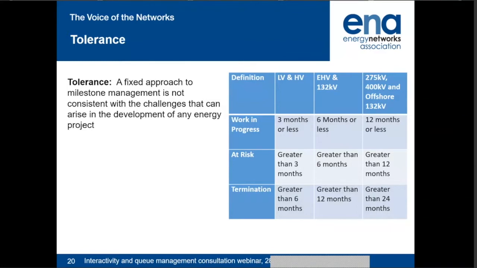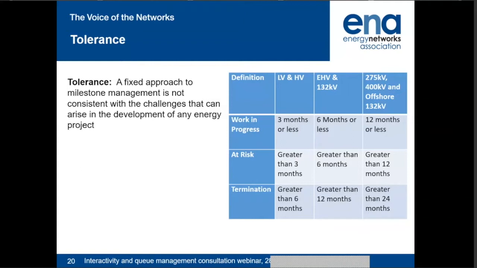And that means it's at risk of queue management. The network company is then able to take action and intervene and move that customer in the connection queue. Importantly, that delay still holds against the customer even though it has been queue managed.